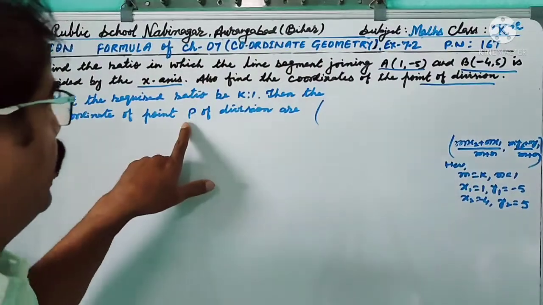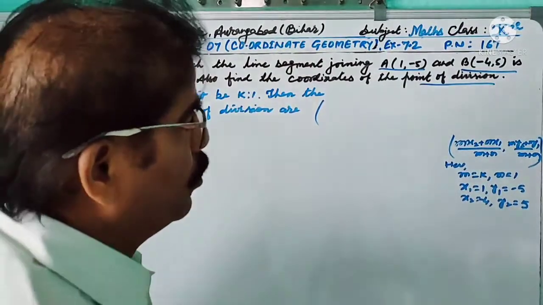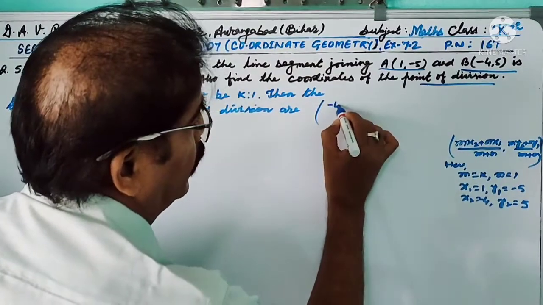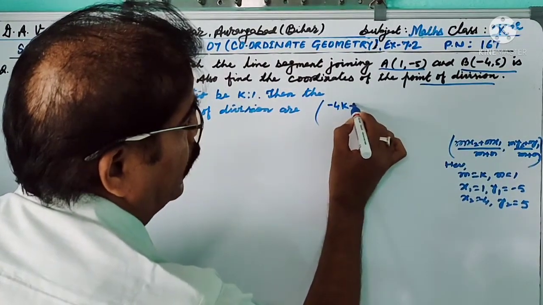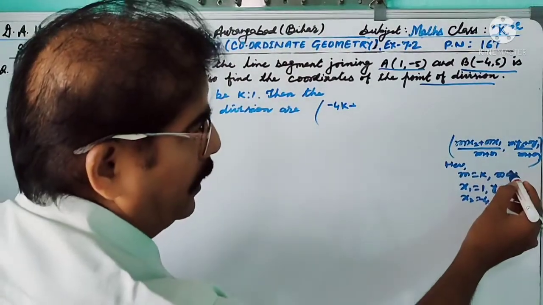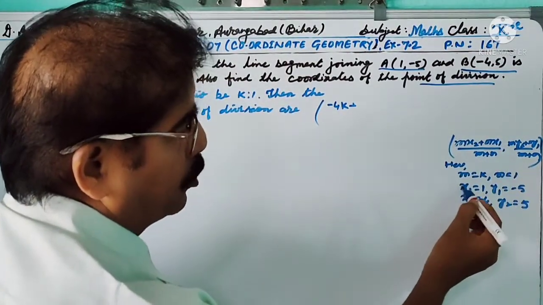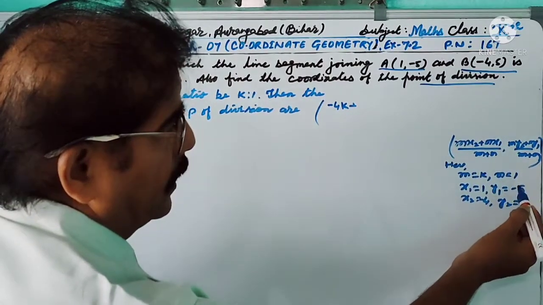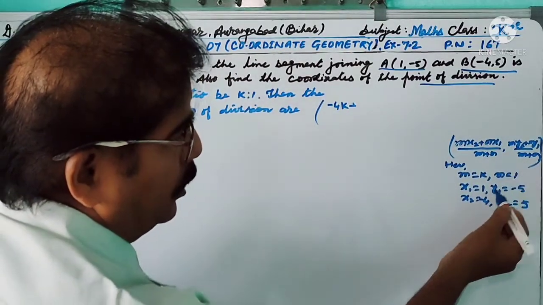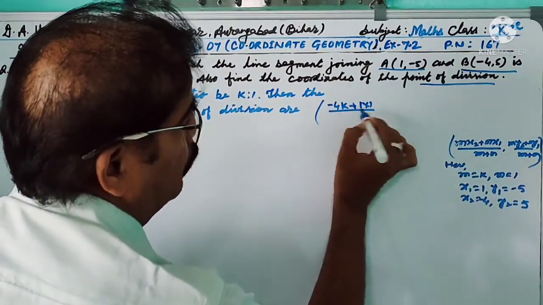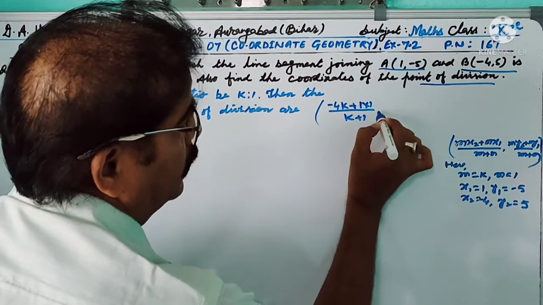So the division point P is: mx2 is k into -4, that is -4k, plus nx1, 1 into 1, by m plus n, that is k plus 1.